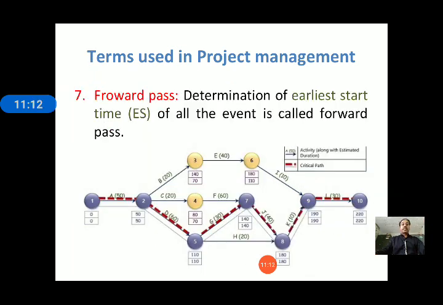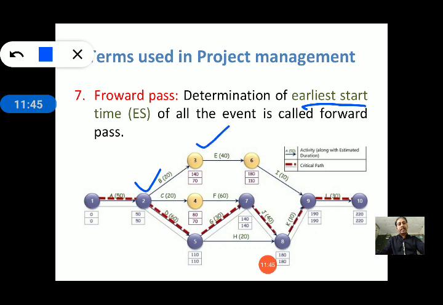Now forward pass. So what is forward pass? In each and every network diagram we have to determine the earliest start time and latest finish time. The determination of the earliest start time of all the events is called forward pass. Suppose the earliest time of activity number 2, activity 3, 6, 9 and 10.